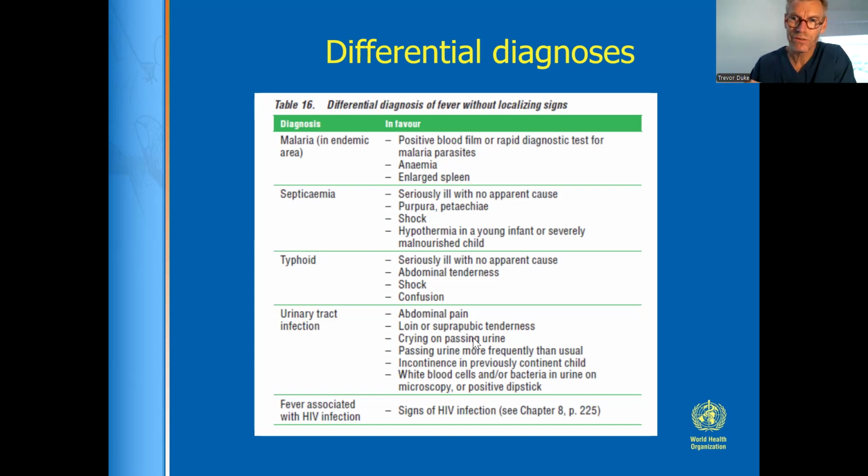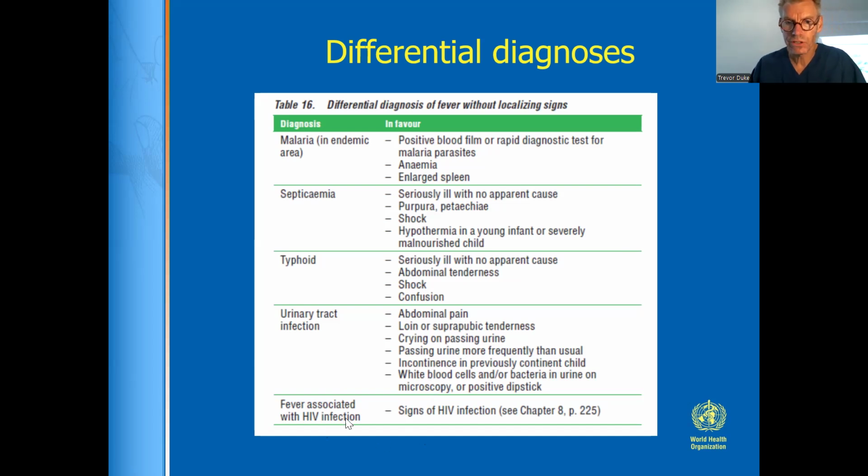Older children can tell you if they've got a UTI because they can complain of intense pain, usually when they're passing urine. Usually, not always, but a young infant can't complain of that. They're just often lethargic, irritable. Then they become lethargic as they become more infected, and they'll just have a high fever.